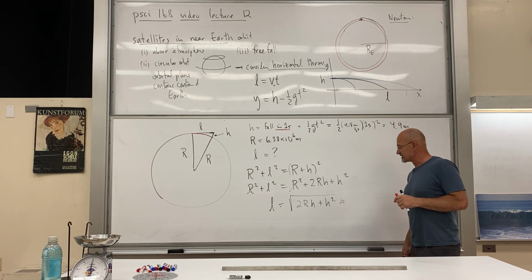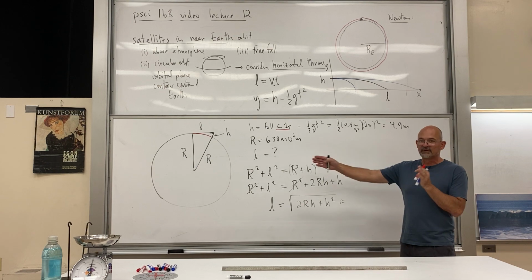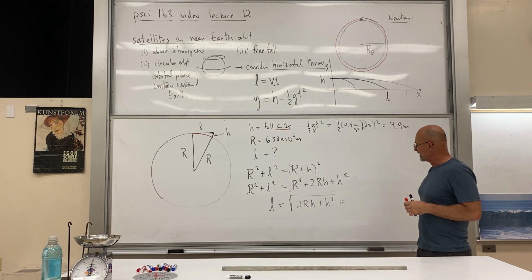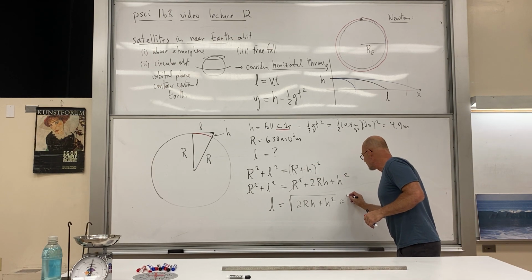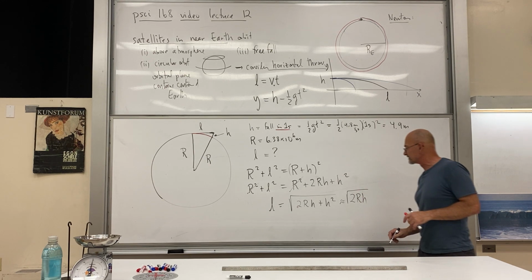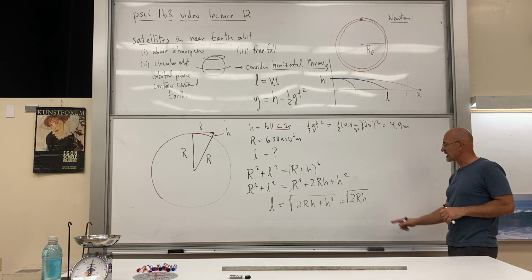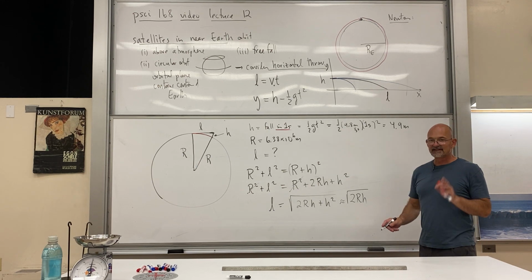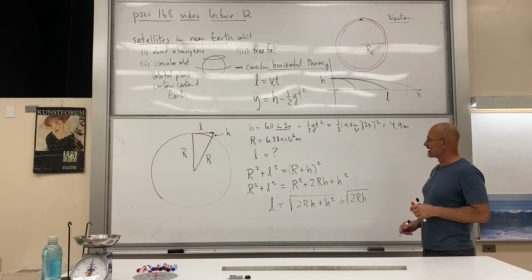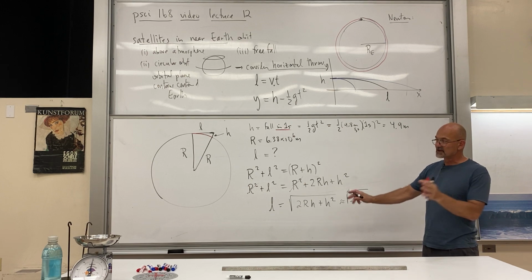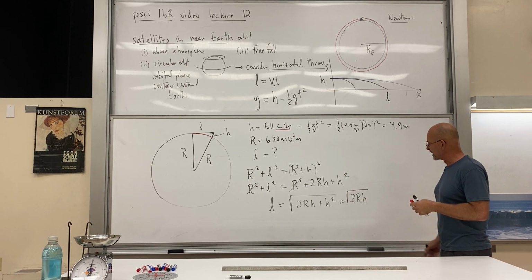So we're looking several decimal points down, and we can just do 2RH. It's a very good approximation. Actually, this expression is exact in the more sophisticated theory. There's nothing incorrect about what I'm doing, by the way.